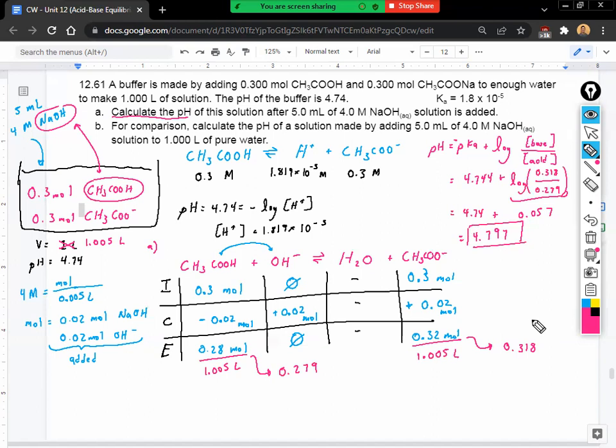Yeah, what's up? Yeah, it's because you added 5 milliliters of base, so that's going to change the volume. If you pour something into 1 liter, it's not going to be 1 liter anymore. It's going to go up in volume, and so that's why it's 1.005. It's 1 liter plus 5 milliliters. Okay.